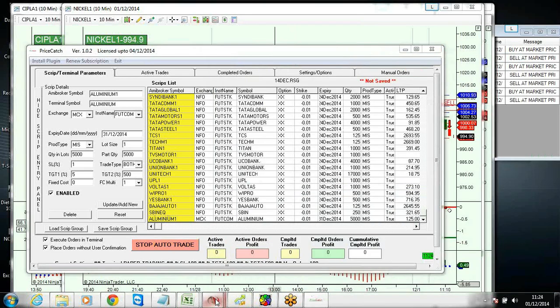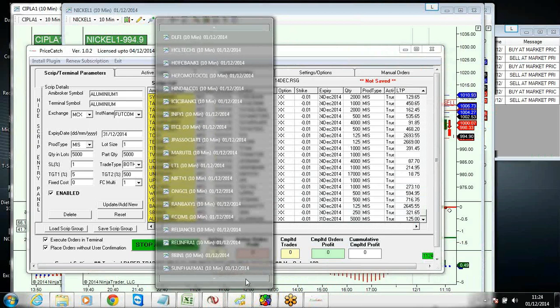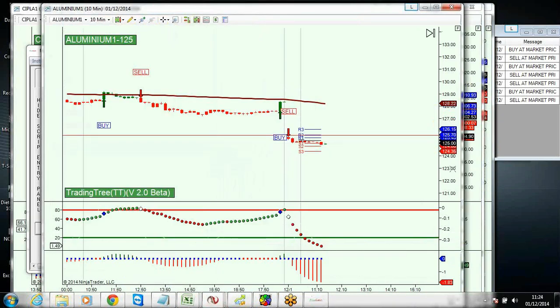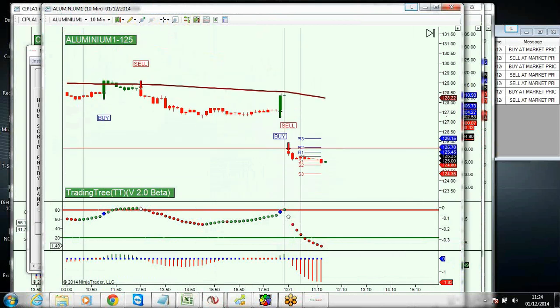So aluminium, in case you ask me what will be a trade, it's a short call. I think it's flat, but anyway I can put a trade below this S2 level, 124.74.